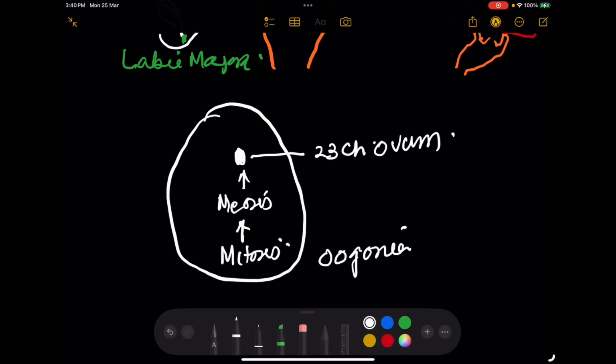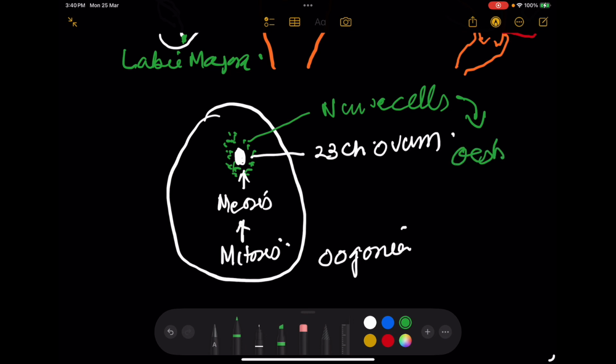Now this ovum is surrounded by nurse cells. These are nurse cells, and they secrete a hormone called estrogen. So what happens is that one of the oogonia starts growing, divides into 4, and ultimately at the end of 14 days of the menstrual cycle you have an ovum.